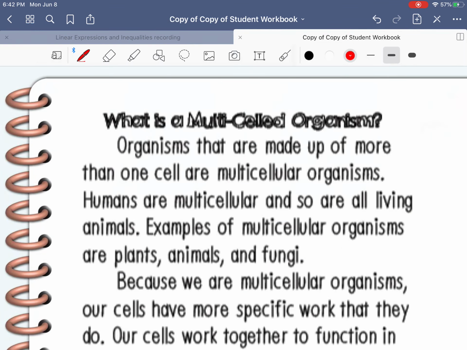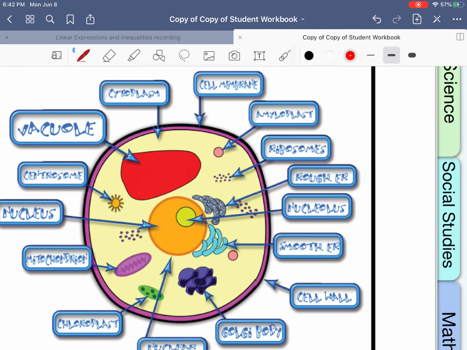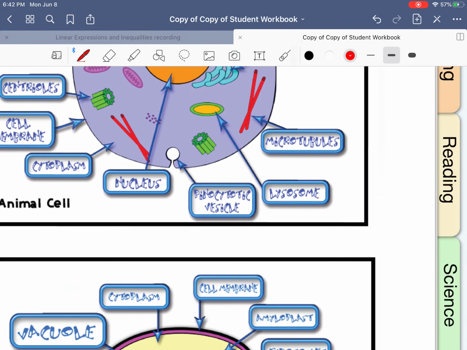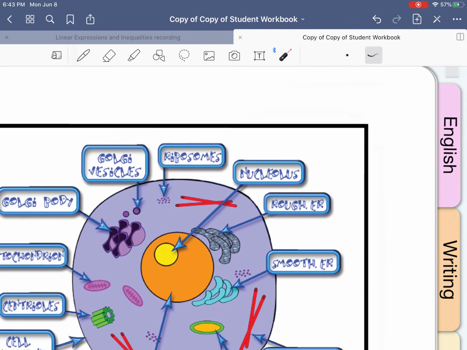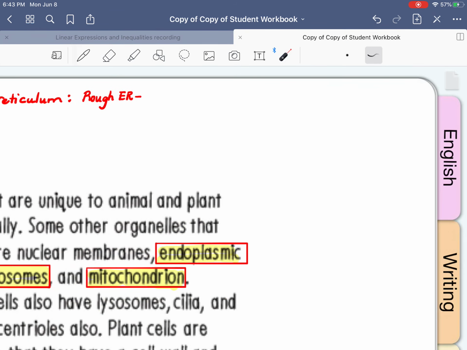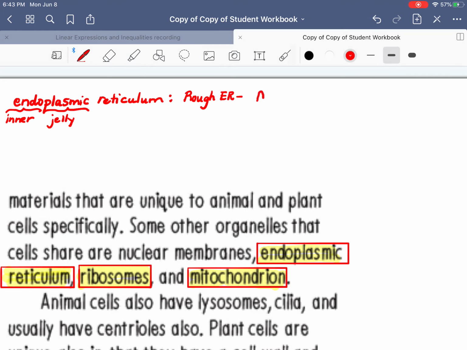It looks like a ribbon that's lying inside the cell, and this is not the best diagram of that at all. I guess right here is what they're pointing to. But the endoplasmic reticulum, to me, in my mind, looks more like this. It's like you put a ribbon down into the cell. And when we made our models, we used spaghetti.